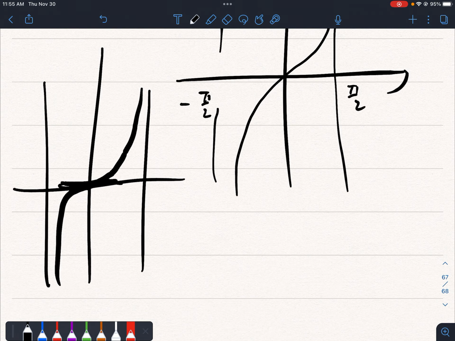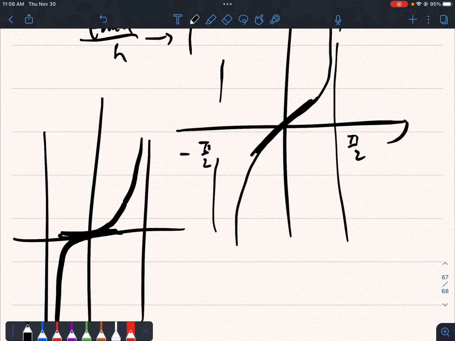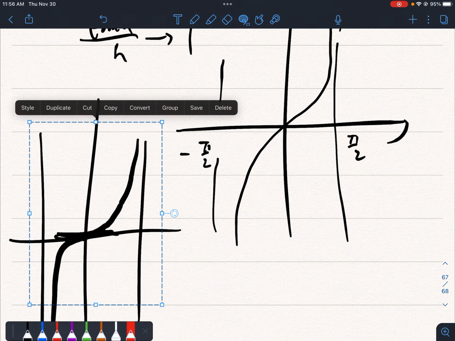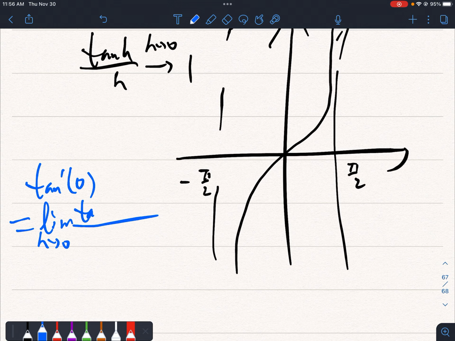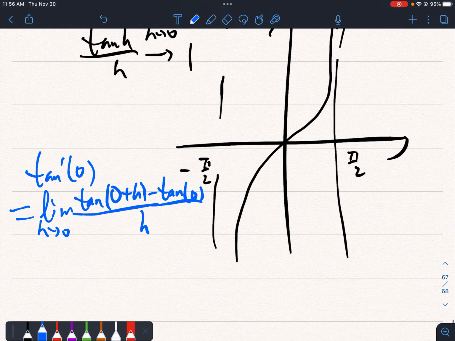Well, for example, let's say this is not the correct graph, right? Because here the slope is almost 0, but here this is correct, the slope should be 1. Okay, does that make sense? So the reason is that the derivative of tangent at 0 by definition is equal to the limit as h approaches 0 of the function evaluated at 0 plus h minus the function evaluated at 0, divided by h.